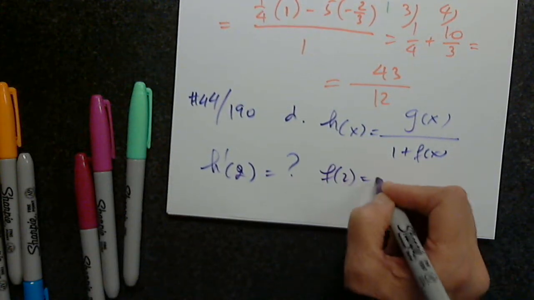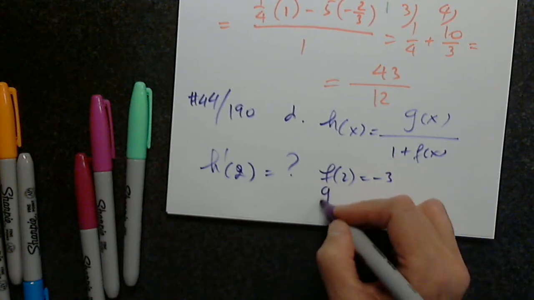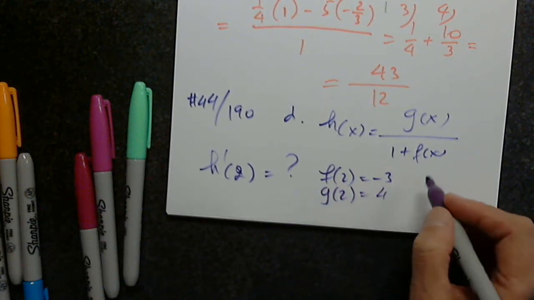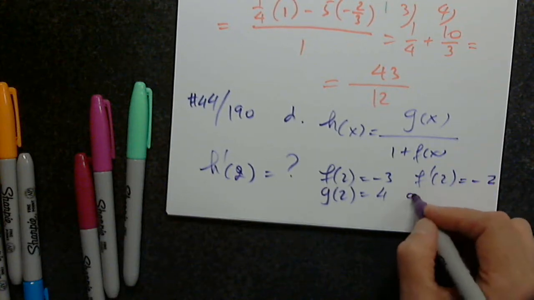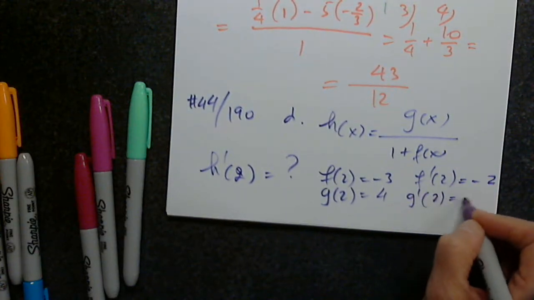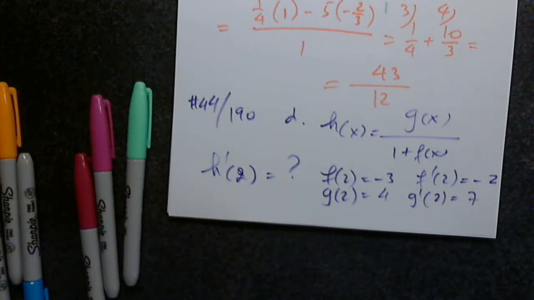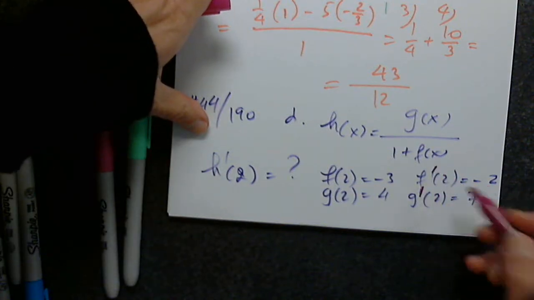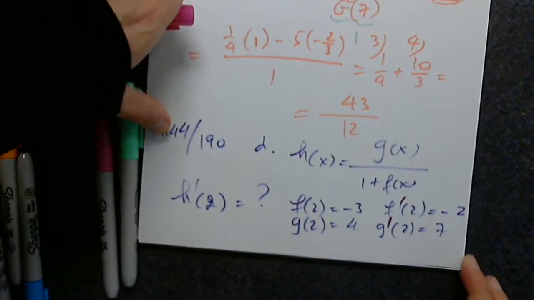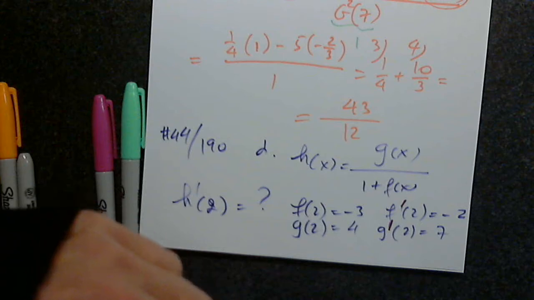So f of 2 is negative 3. g of 2 is 4. f prime of 2 is given as negative 2. g prime of 2 is given as 7. Ready? What do we need to determine first, for sure?